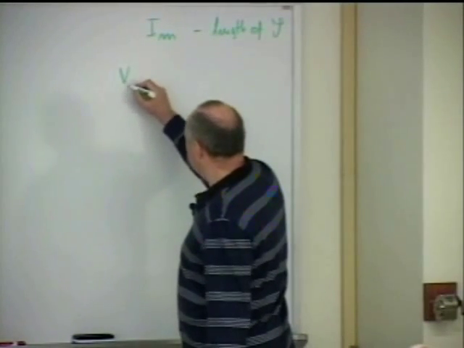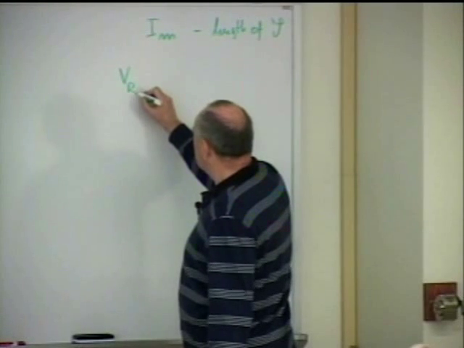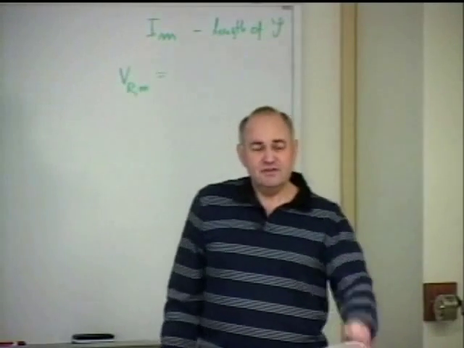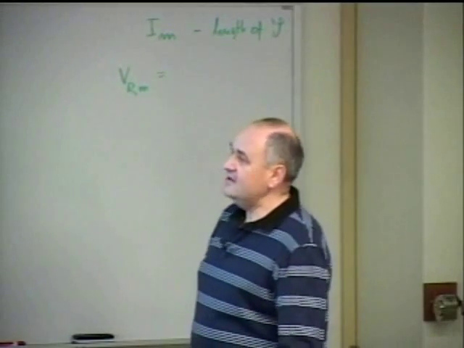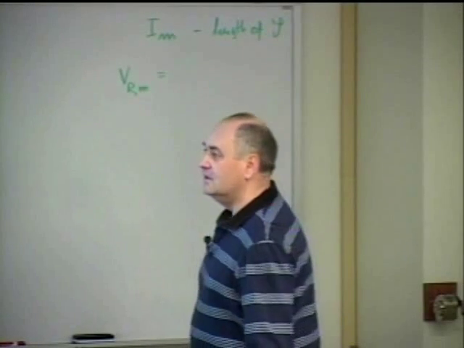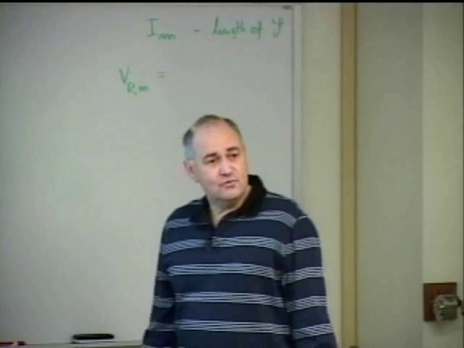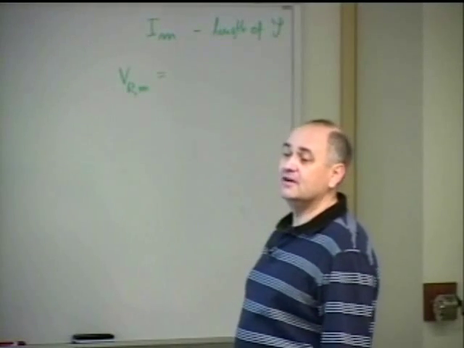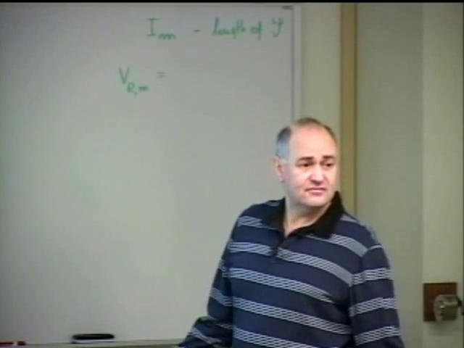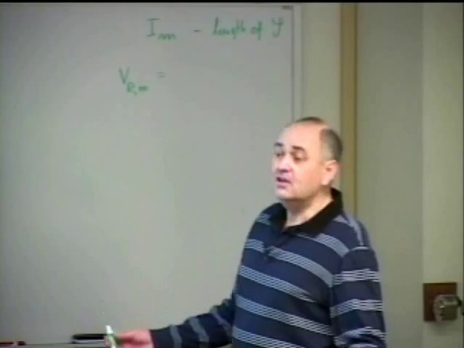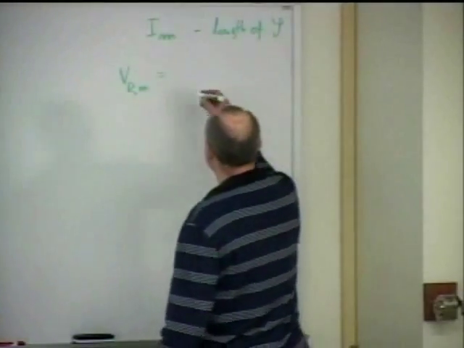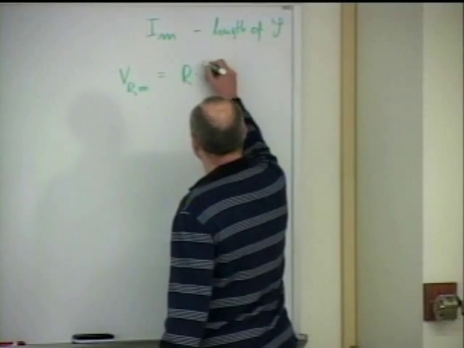Resistance times the peak value of the current. And why did we multiply by resistance? In principle I should not multiply by resistance but by something else. By what? The peak value of the voltage across the resistor is equal to the peak value of the current through the resistor multiplied by what of the resistor? Resistivity? Not resistivity, resistors don't have resistivity.